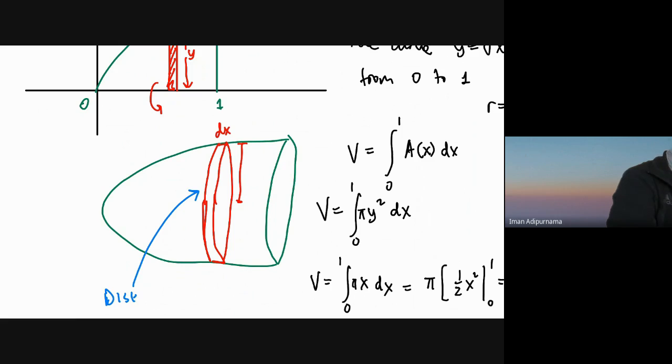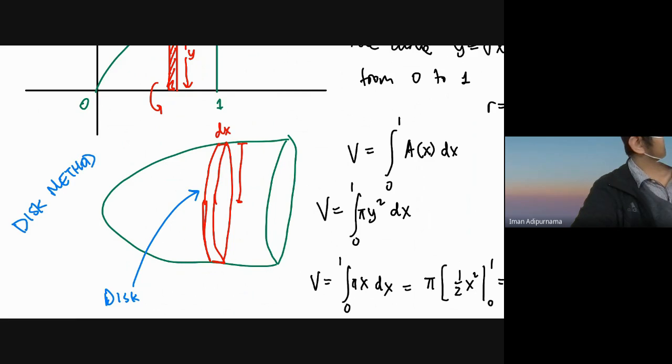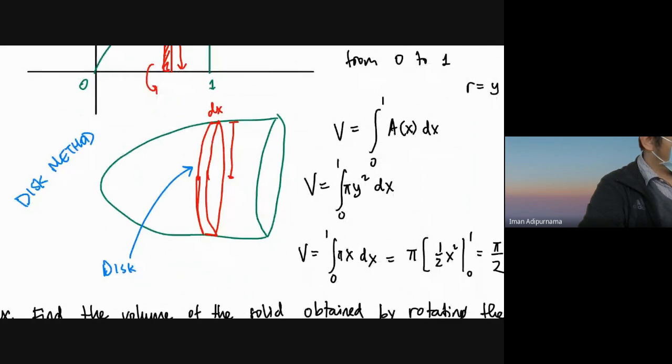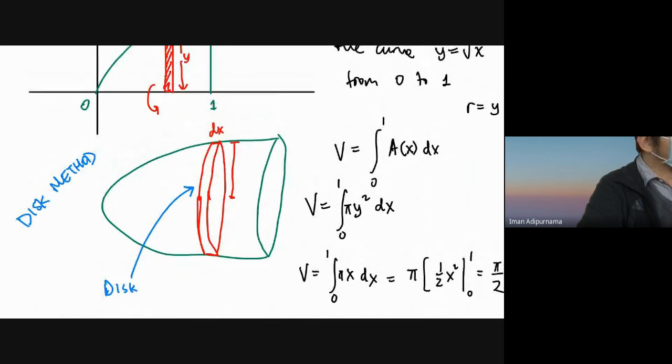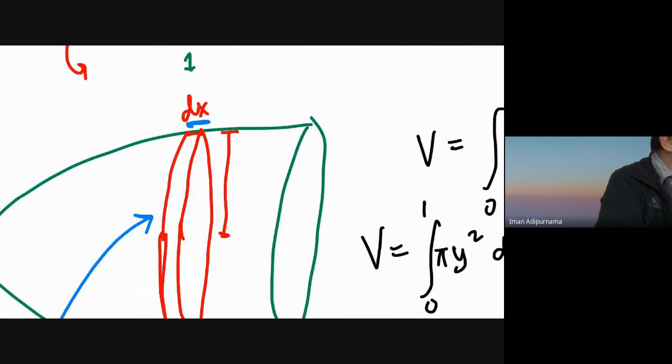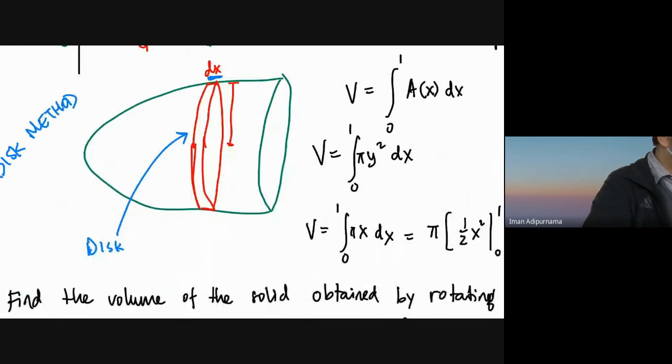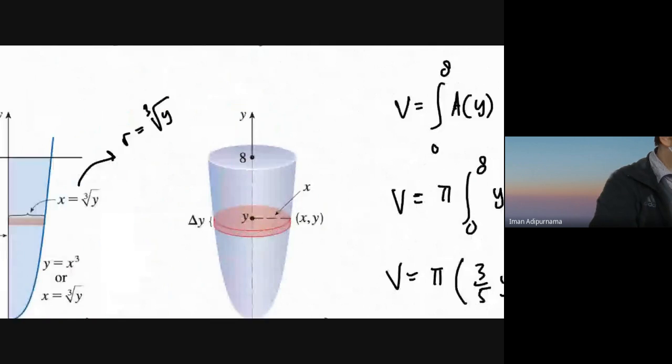So sometimes we call the method to find the volume the disk method, and you can have the disk in terms of dx like this, or you can have it in terms of dy like this one, dy.